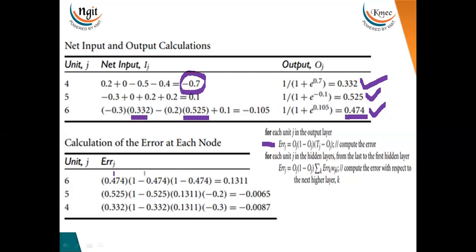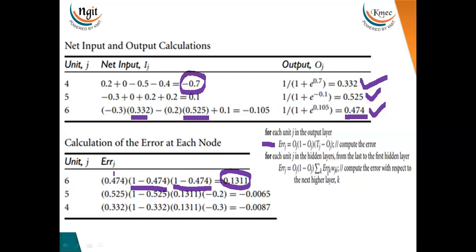Now, 1 minus O will be this term. T, the expected output, I'm considering as 1. So this will be T minus O. Now, what is the error at the output layer? This one. That error will be used for propagating in the backward direction to the hidden layer.